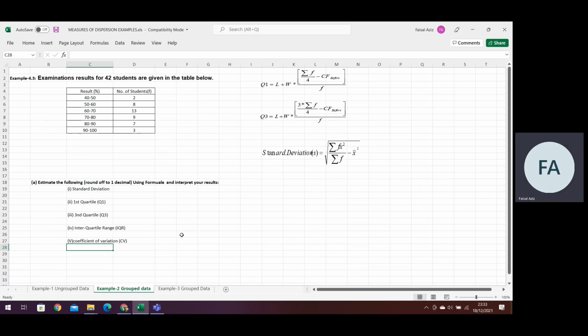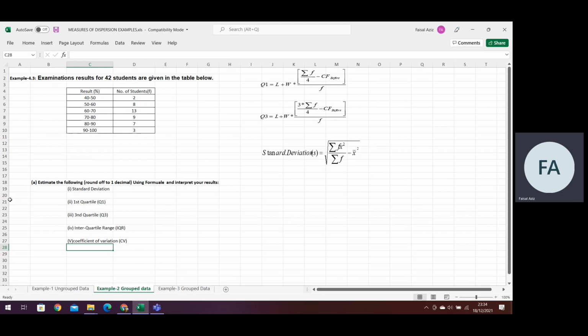When it comes to calculating the measures of dispersion for group data, then we need to look at these formulas, and then we will have to fulfill the requirements of these formulas to calculate the measures of variations. So the first you can see we have standard deviation.